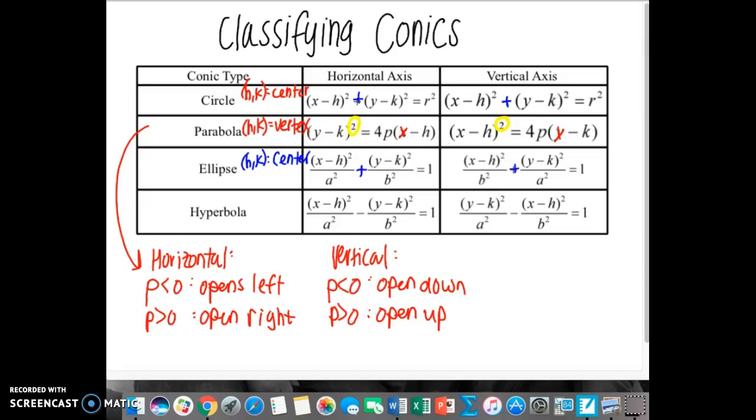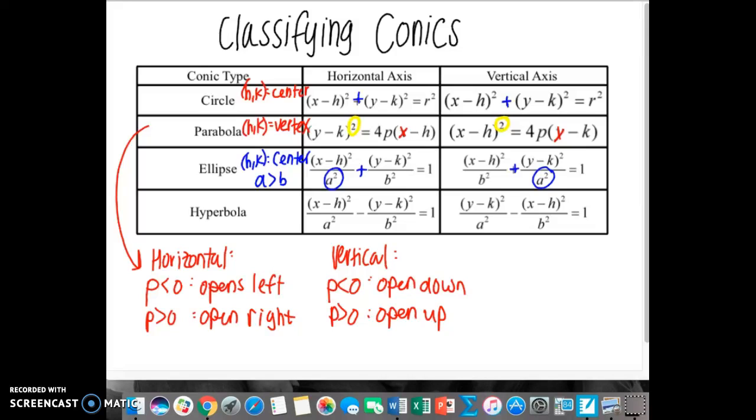Since both terms are positive, the x term and y term can always stay in the same spot. The numerators do not change. However, it's all based on your a value and your b value. Since a is always bigger than b, we always want to look at which term has the bigger denominator.